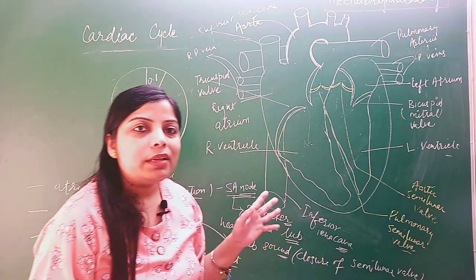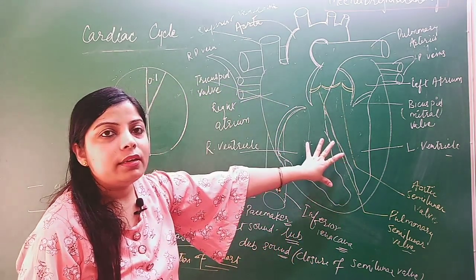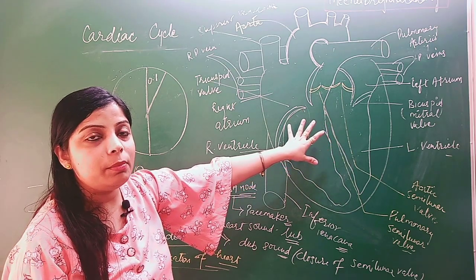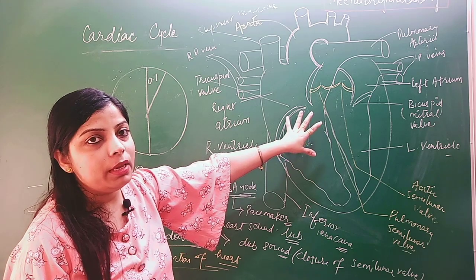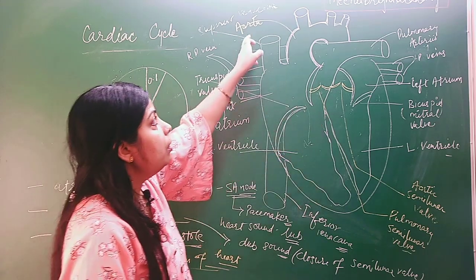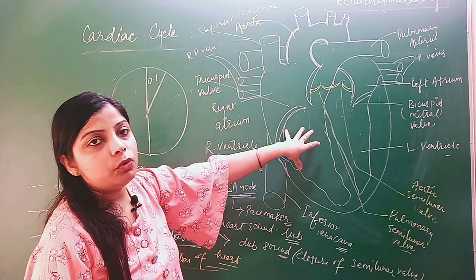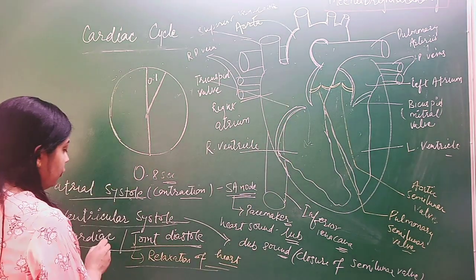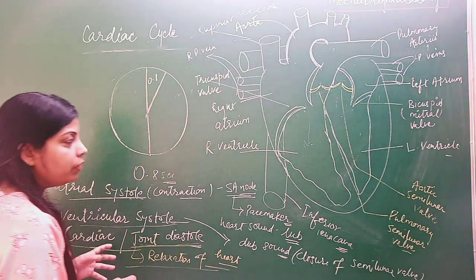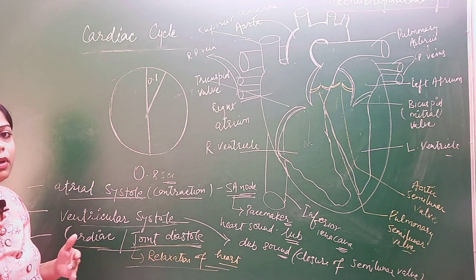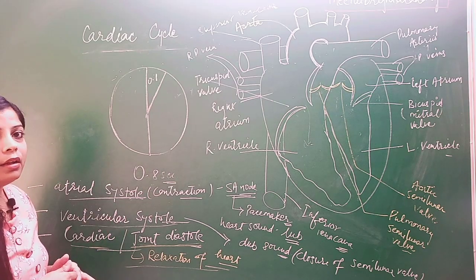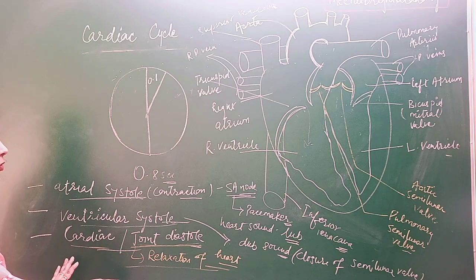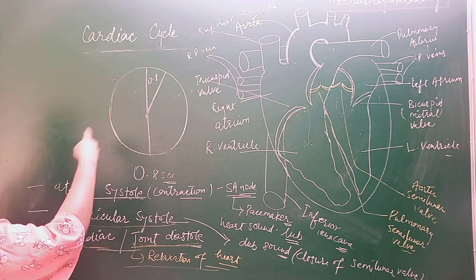Because pressure is very low inside the heart, there is more space available in the chambers, so there will be passive filling of blood from the superior vena cava and the inferior vena cava into the right atrium. So in cardiac or joint diastole, there will again be passive filling of blood inside the heart, and similarly the cycle goes on with the help of these three events.